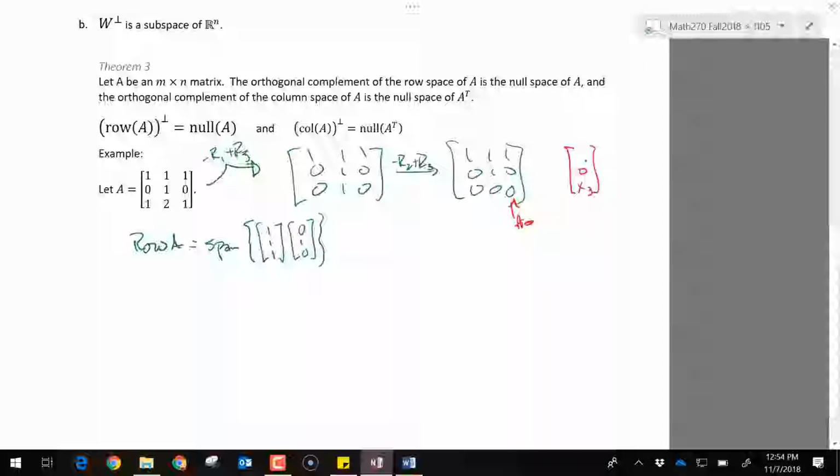And x1 is equal to minus x2 minus x3, so 0 minus x3. If you look at that, it's -1, 0, +1. So the null space of A is going to be the span of -1, 0, +1.